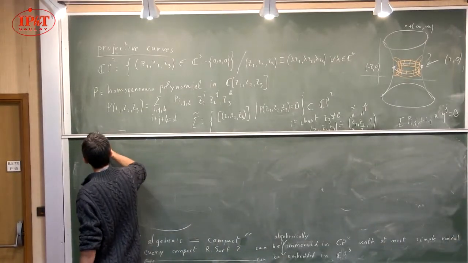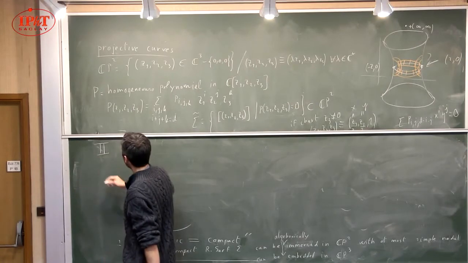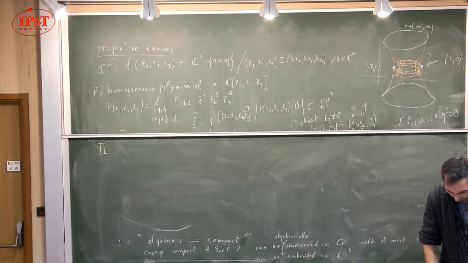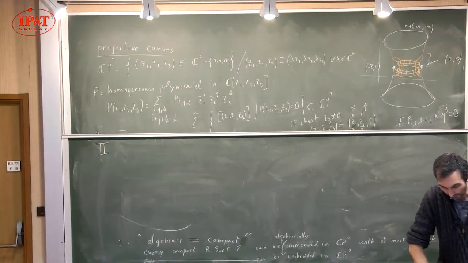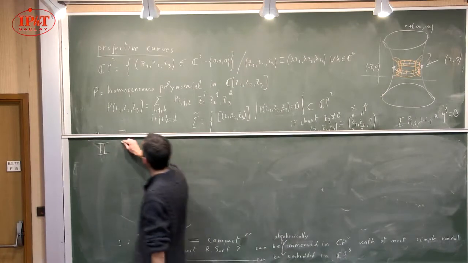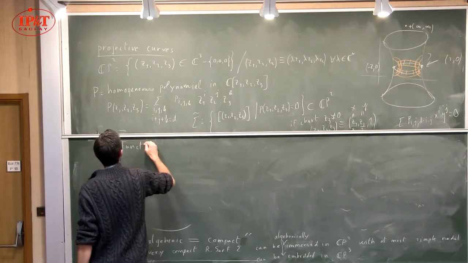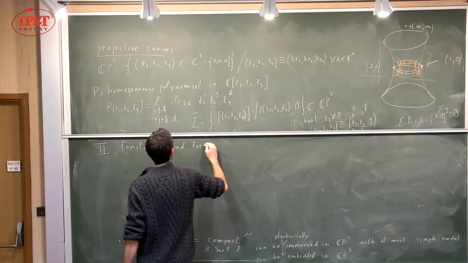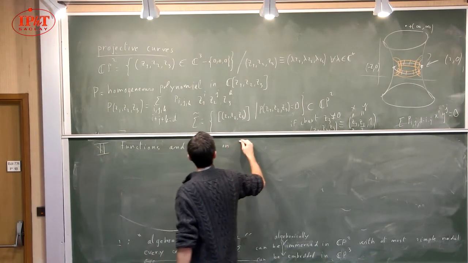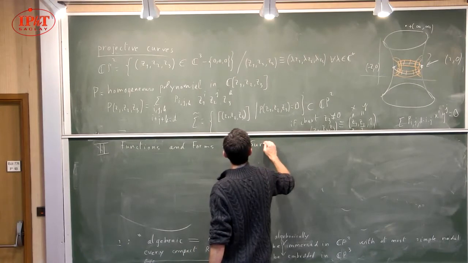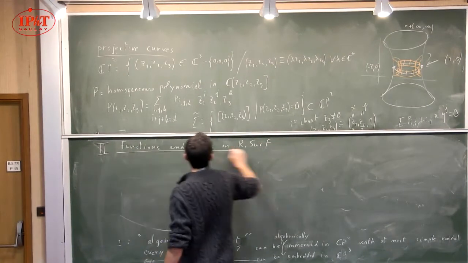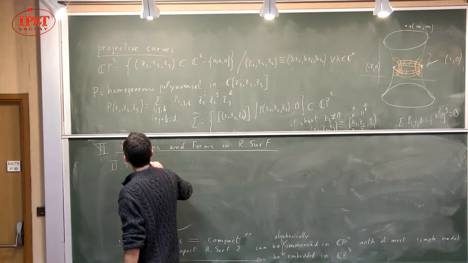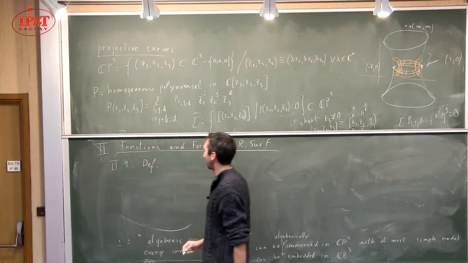So this is chapter 2, which is functions and forms on Riemann surfaces. And definition.